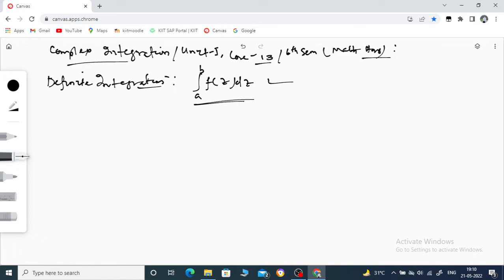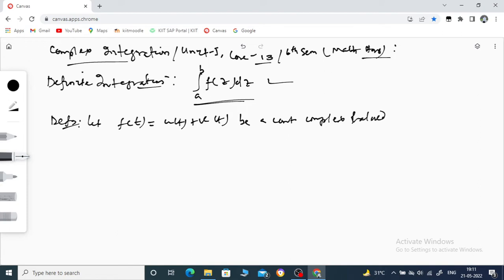Okay. Now first I will give a definition which says: let f of t, which is equal to u of t plus v of t, be a continuous complex valued function defined on closed interval [a, b].